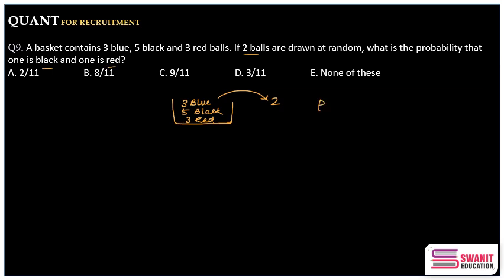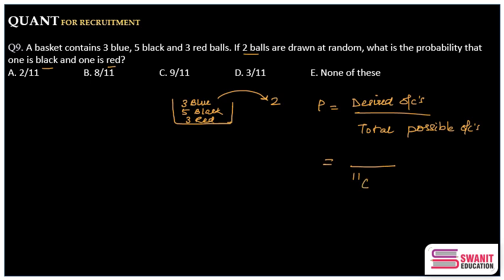So we know that the formula for probability is desired outcomes divided by total possible outcomes. That's also called the sample space. So over here, my total possible outcomes are out of 11 balls, and out of 11 I am selecting 2 balls.